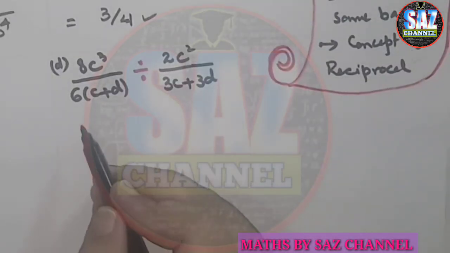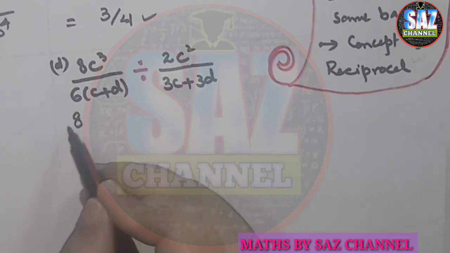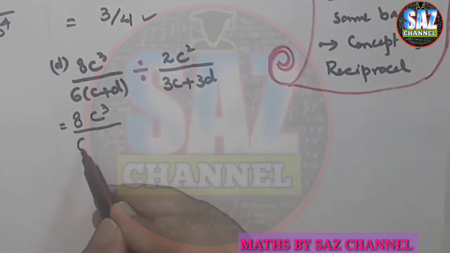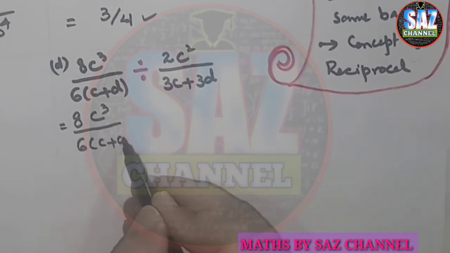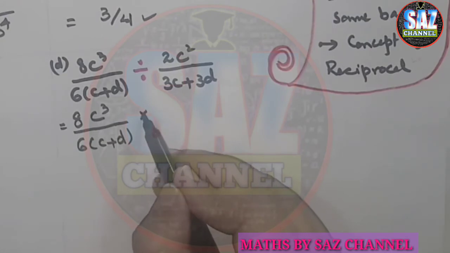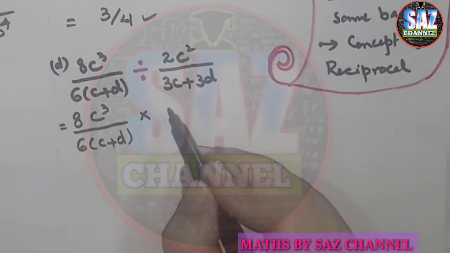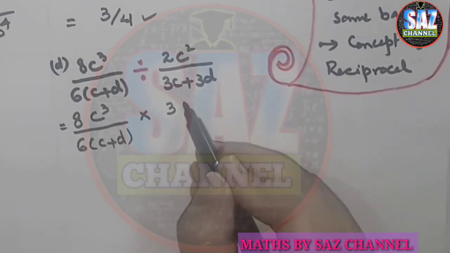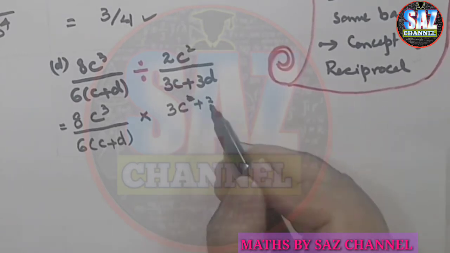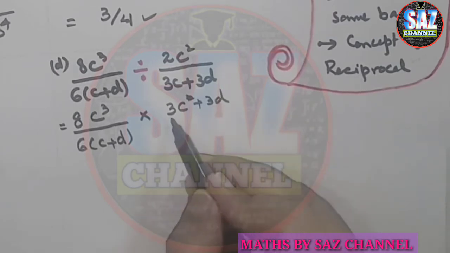The next part of the question is 8c cubed upon 6 into c plus d, divided by 3c plus 3d upon 2c squared. Again, I have to take the reciprocal. This division sign will be changed into multiplication sign, and the new denominator will become the numerator, 2c squared upon 3c plus 3d.